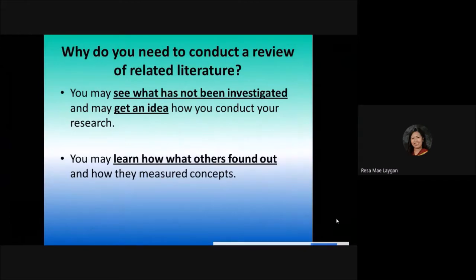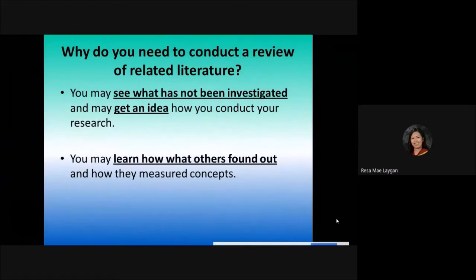As I've said, you have this topic, but you don't know what you're going to do. So you need to have a consultation from your related literatures so that you will get an idea on how to conduct your research. And you may find out what has not been investigated. So these are the gaps that you need to fill in. And you may learn what others found out and how they measured concepts.